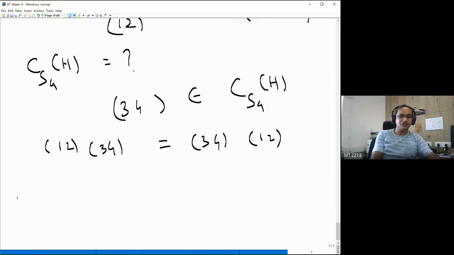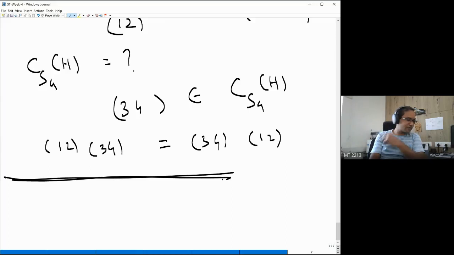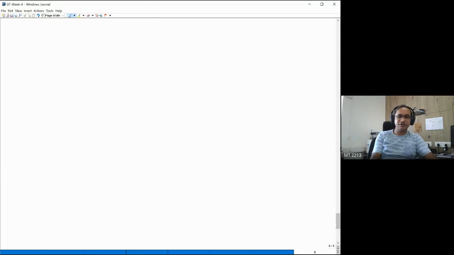Okay. So I defined the normalizer and the centralizer of a subgroup. Now the question is, can we have the normalizer and centralizer of one element? What we do normally, you can directly take it as a definition, or you can think of defining it using the earlier definition.